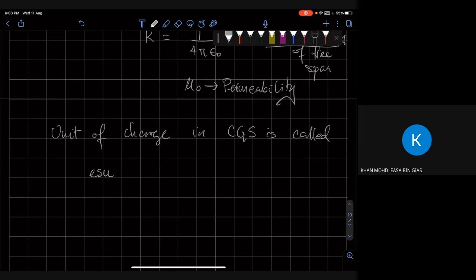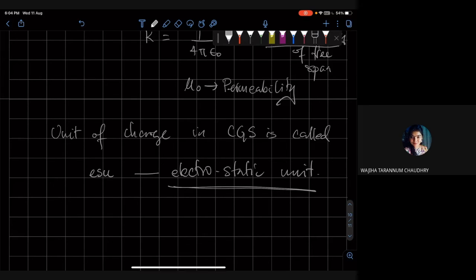That's why I asked Isa. Was it Moon who said that, electrostatic unit? Or was it Wajihad? So, okay, it's electrostatic unit, ESU. It's short, since the full name is a mouthful, right?